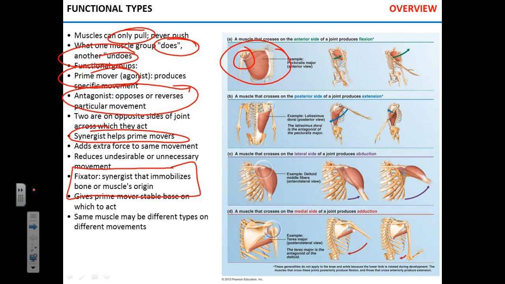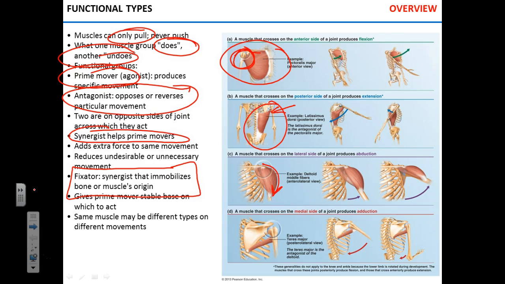Always. Pectoralis major crosses the shoulder joint anteriorly. It flexes the shoulder. Latissimus dorsi crosses the shoulder joint posteriorly. It extends and hyperextends the shoulder. Does that make sense?